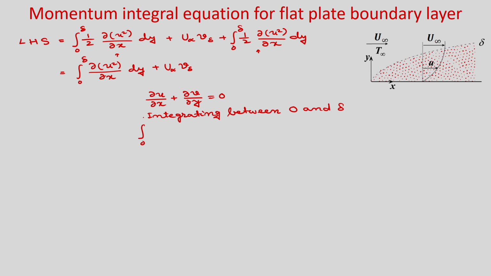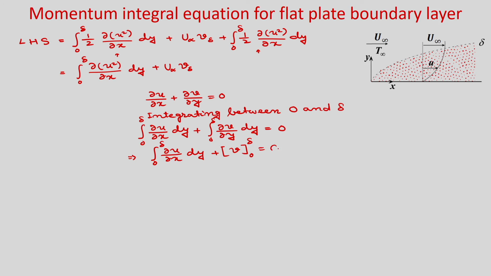So, you can see it will be integral 0 to delta del u by del x into dy plus integral 0 to delta del v by del y dy is equal to 0. Now, this term will remain as it is, and this term will be integral 0 to delta dv, so it will be just v from 0 to delta is equal to 0.